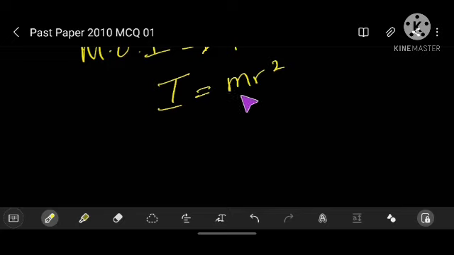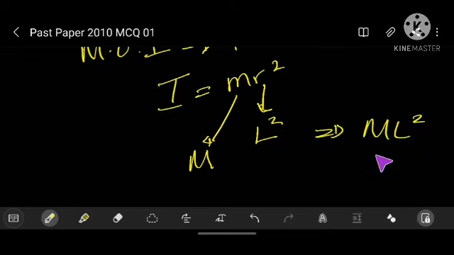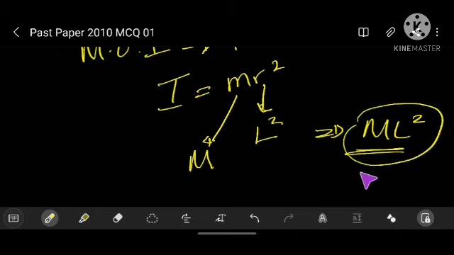The dimension for mass is capital M, and r is a radius, which means it's a length, so the dimension for r is capital L. And it's not just a radius, it's a radius squared, so we have to add the square here. So ML², that is the answer. That is the first answer here. This is how we are going to dissect each question and move on.